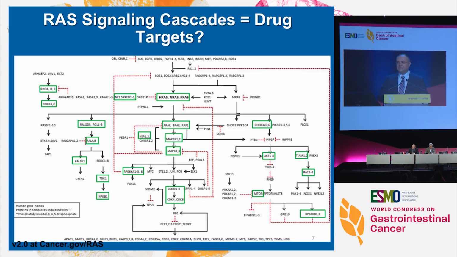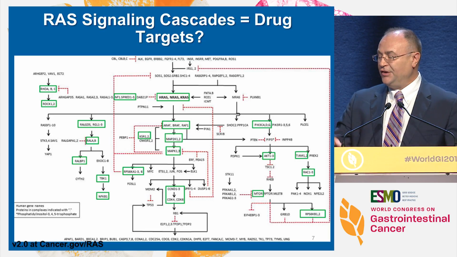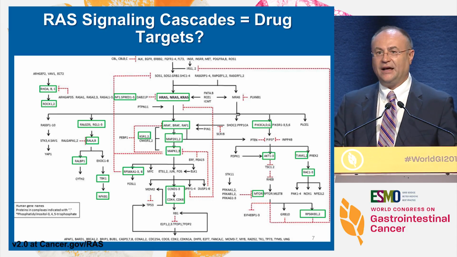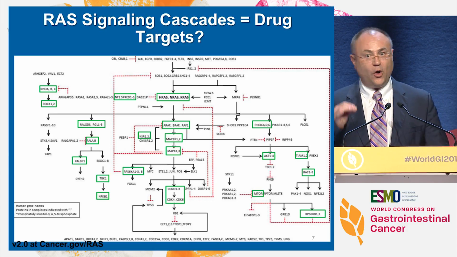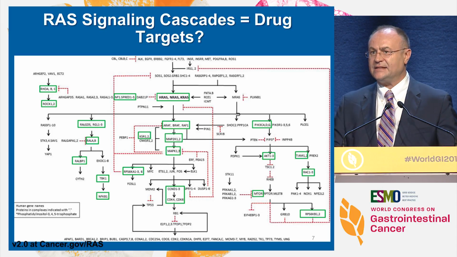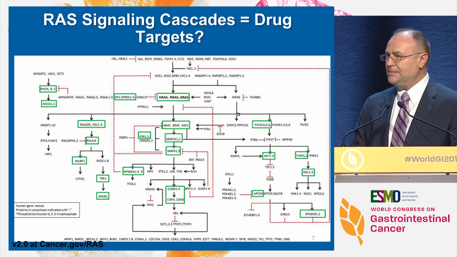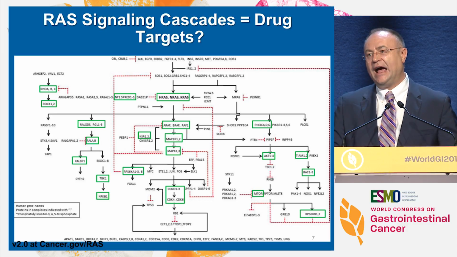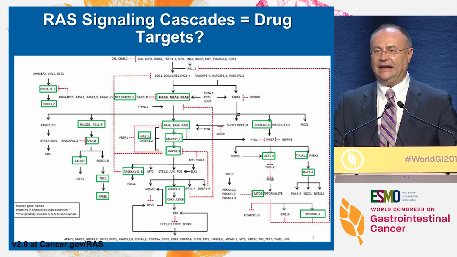But you see next to it the RAL GDS, very important other targets where inhibitors are successfully being developed. And you see on the other side the PI3 kinase, AKT pathway, which can override MEK inhibitors. That's the reason when you see MEK inhibitors as a single-agent approach to RAS-mutant, it will not succeed.